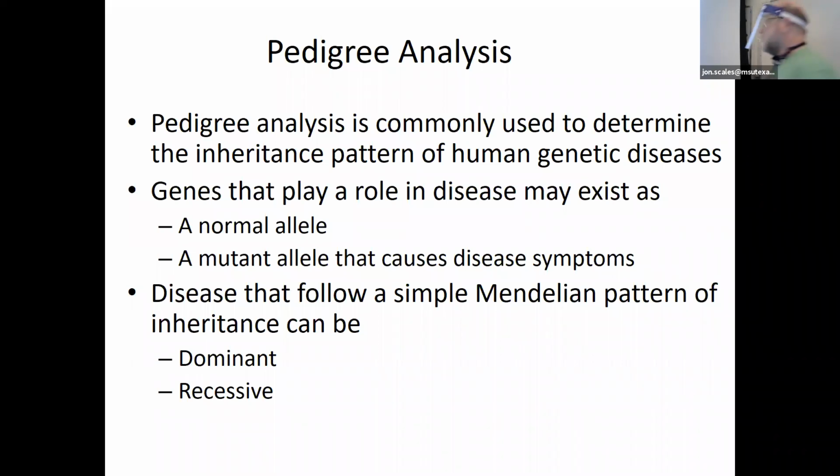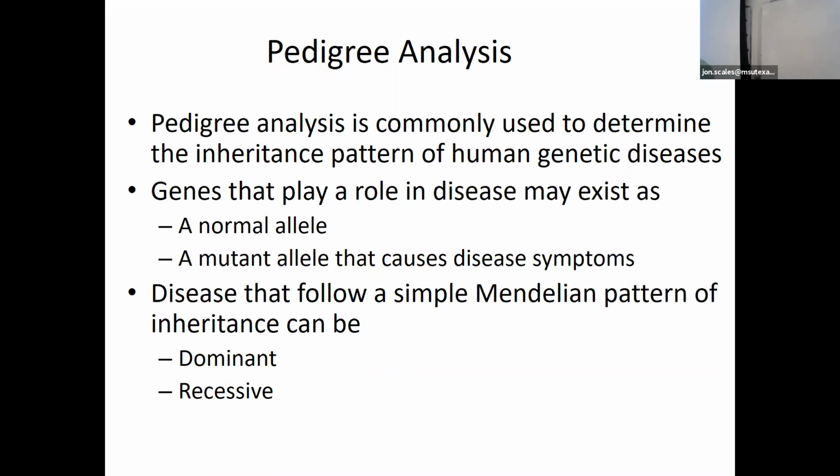So as I mentioned earlier, you're using these types of things when you want to analyze a pattern in humans because you want to predict the possibility of having an affected child, or you want to track the inheritance pattern. And basically there are 2 aspects of the inheritance pattern that can be determined with pedigree analysis.